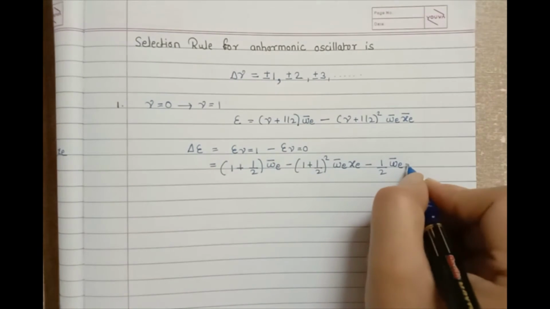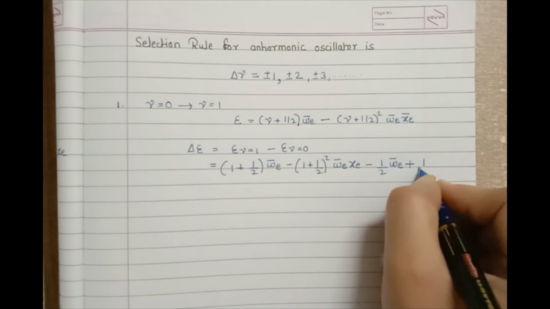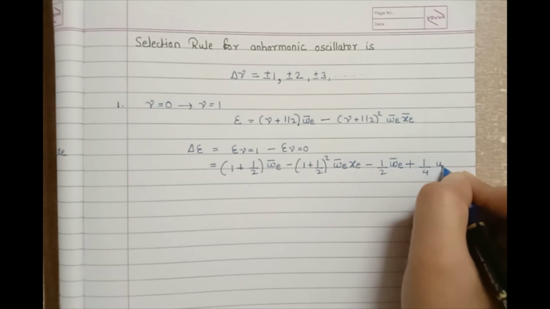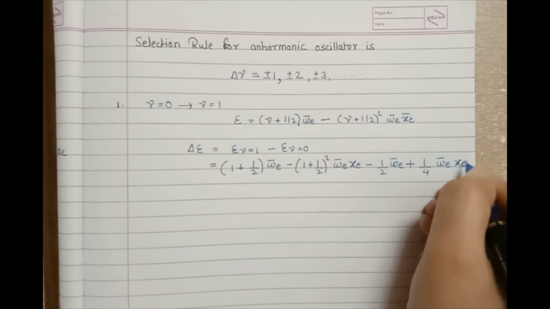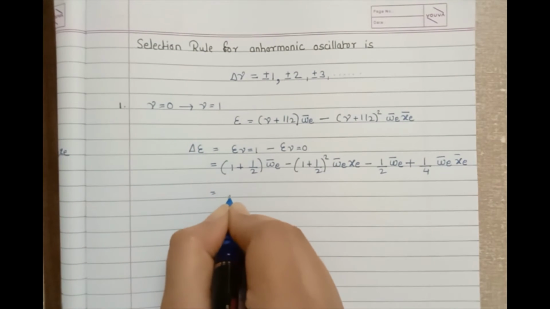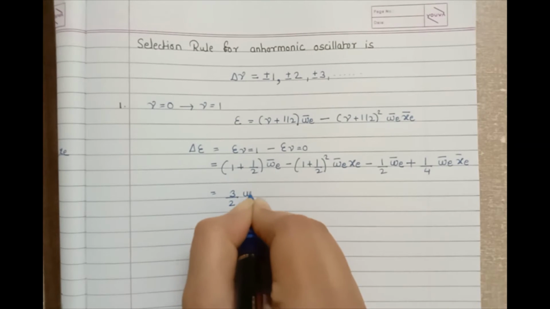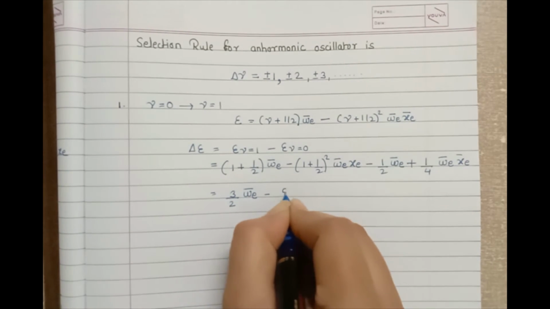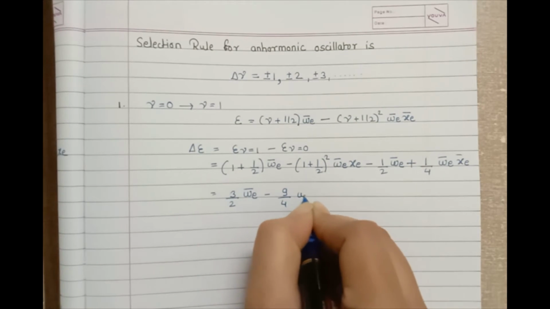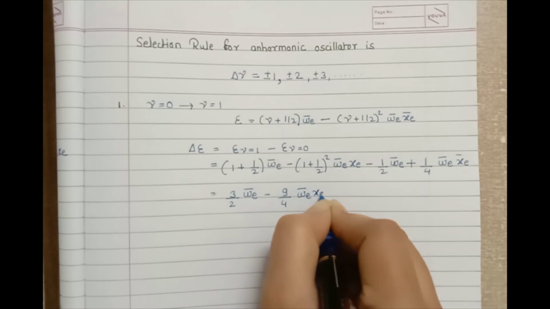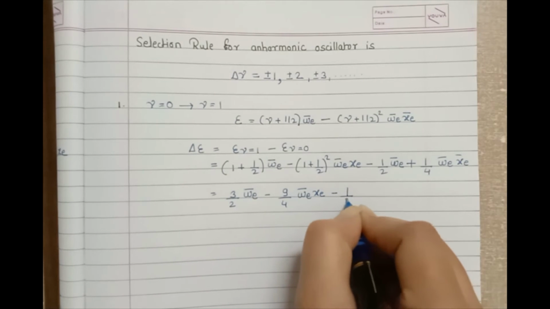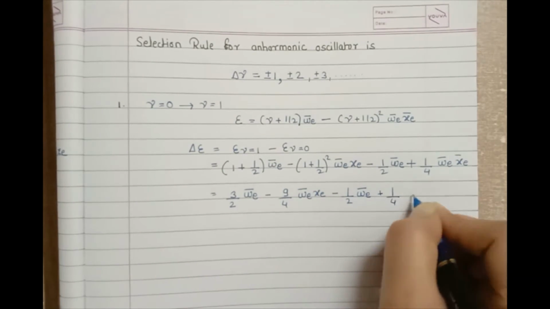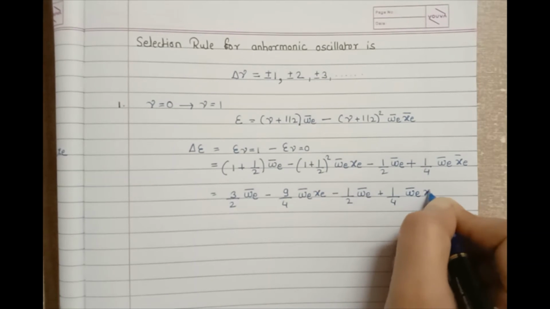This minus will become plus 1/4. Why? Because 1/2 squared is 1/4, so 1/4 ω̄e xe. So now this is equal to 3/2 ω̄e minus 9/4 ω̄e xe minus 1/2 ω̄e plus 1/4 ω̄e xe.